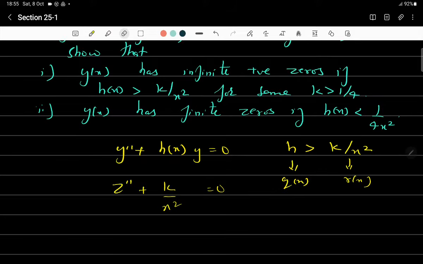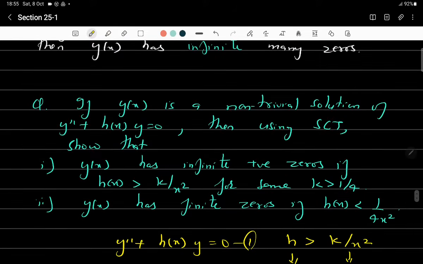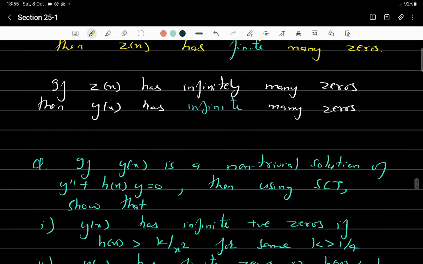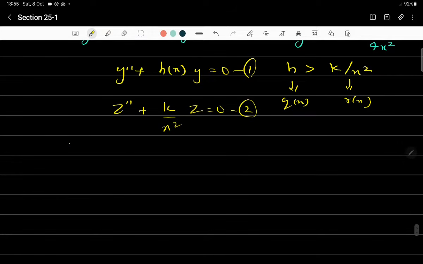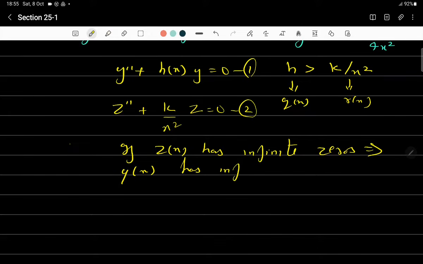This is z. So this is my equation 1, this is my equation 2. Now see this result: if z(x) has infinitely many zeros, then y(x) has infinitely many zeros, from the Sturm comparison theorem.